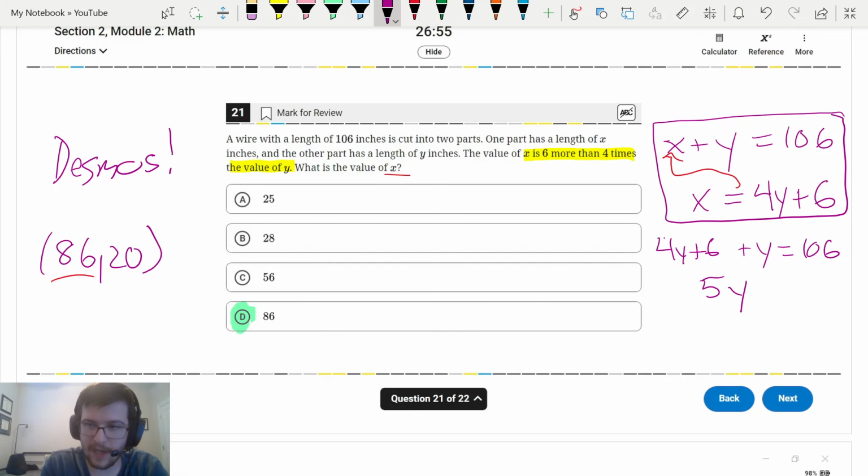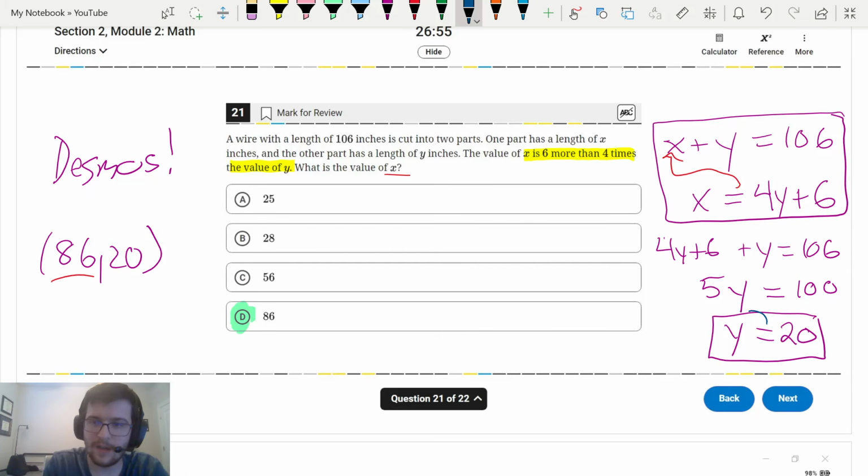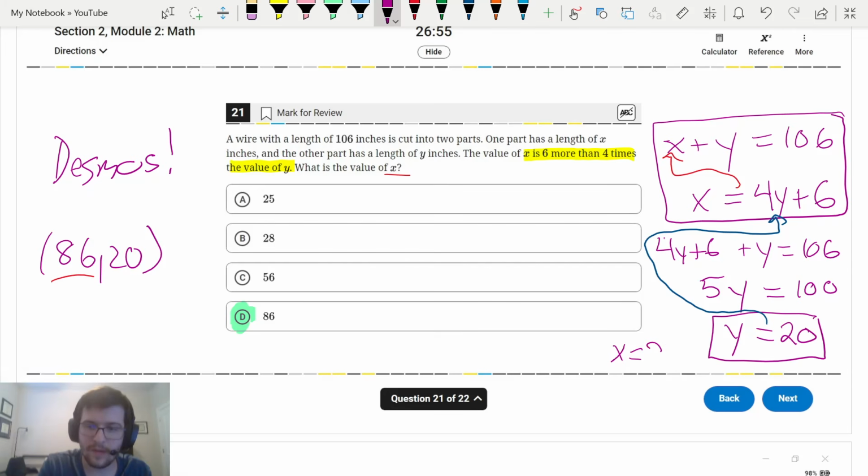So 5y, if we subtract 6 to the other side, we get 100. Divide both sides by 5, and we get 20. So y is 20, and then you could plug this into this one. You could do 4 times 20, that's 80, plus 6 is 86. So you still get x is 86.